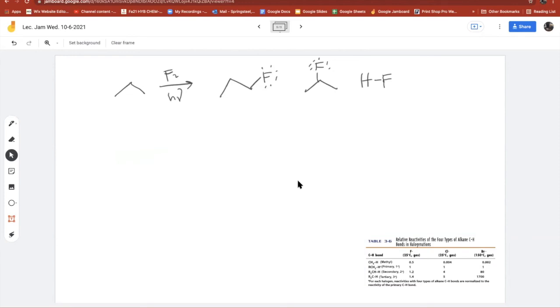So for the fluorination one, how many hydrogens do we have that can react to make the primary fluoride? There's 2 different carbons, Ryan, but 6 hydrogens total, because each carbon has 3 hydrogens. Think of the fluorine radical.